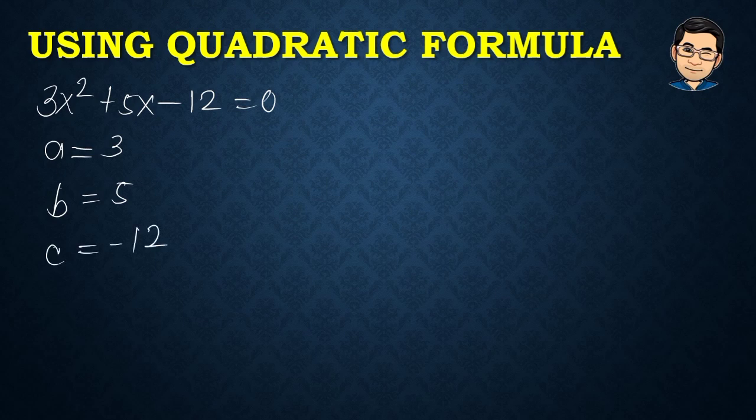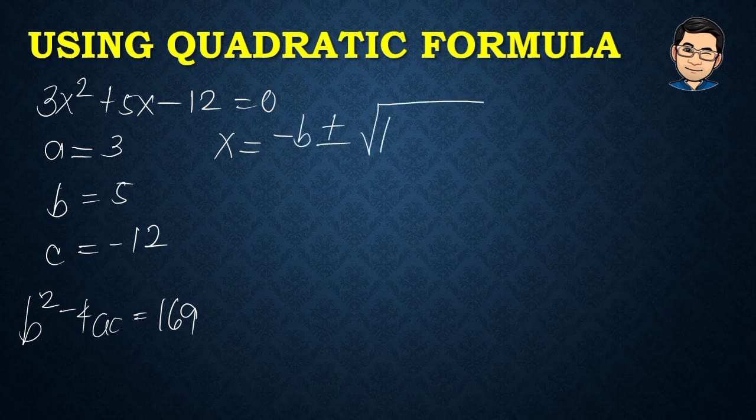Then, para mas mabilis tayo, yung b squared minus 4ac, lagay na rin natin, which is 169. So, quadratic formula is x is equal to negative b, positive negative, the square root of b squared minus 4ac all over 2a.